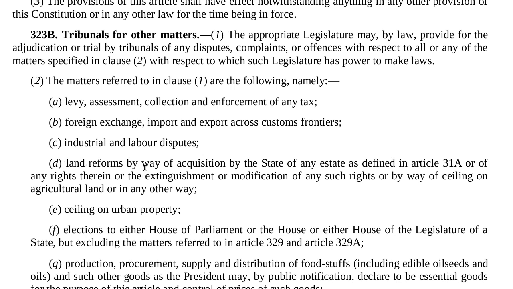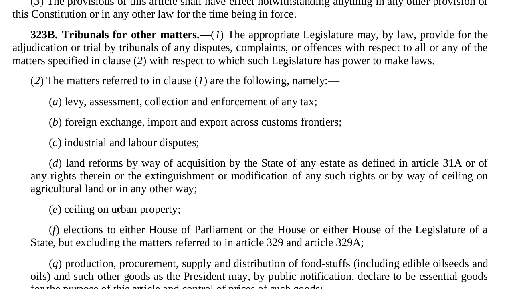Land reforms by way of acquisition by the state of any estate as defined in Article 31A or of any rights therein, or the extinguishment or modification of any such rights, or by way of ceiling on agricultural land or in any other way.